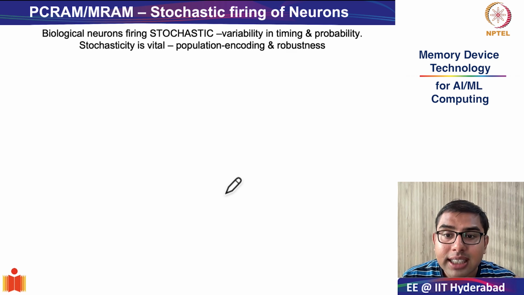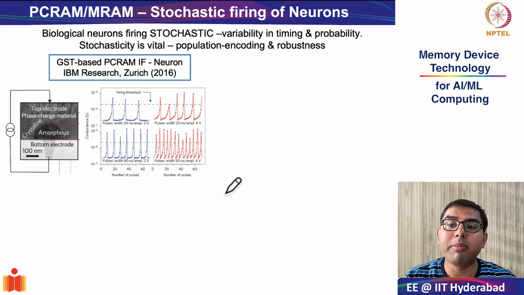And through this seminal work from IBM research in 2016, they demonstrated that you can develop stochastic spiking neurons using PC-RAMs with GST-based material.